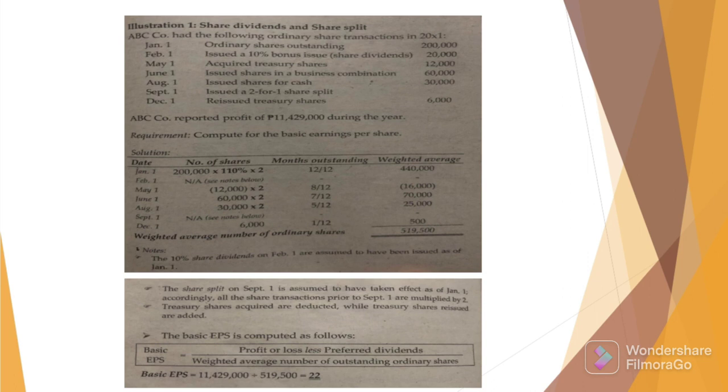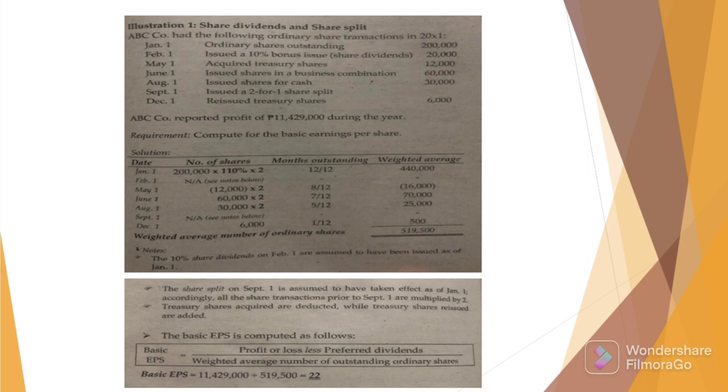Requirement: compute for the basic earnings per share. For the solution, katulad ng ginawa natin sa weighted average number of outstanding share, iba-breakdown din natin yung number of shares and months outstanding para makuha yung weighted average.